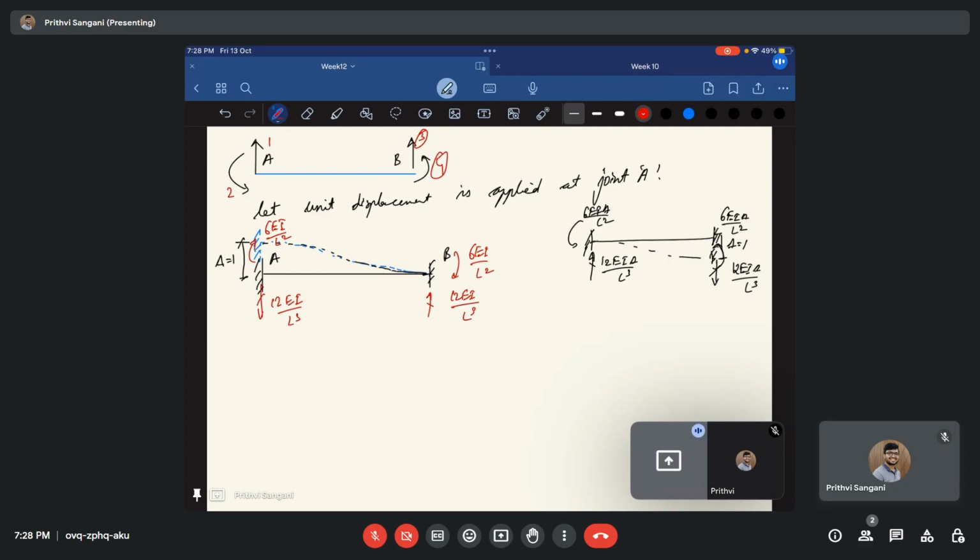Now, because of delta equal to 1, we have force. Again, I'm just drawing the same thing. Now I'll be labeling the forces.